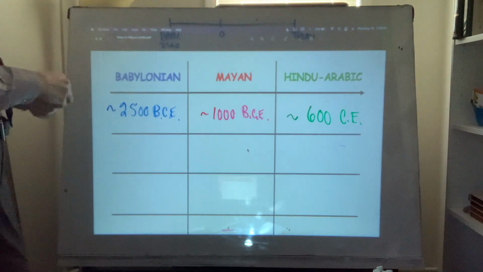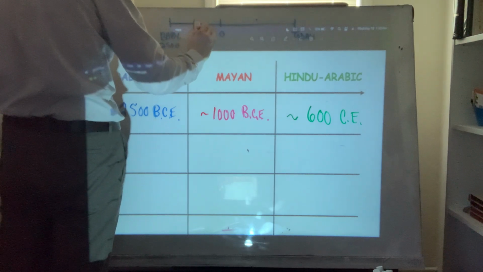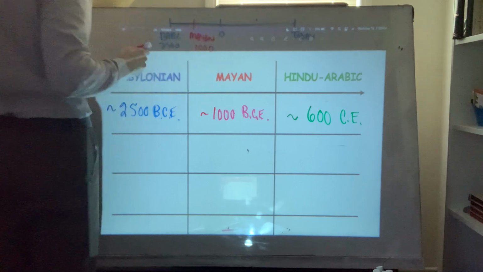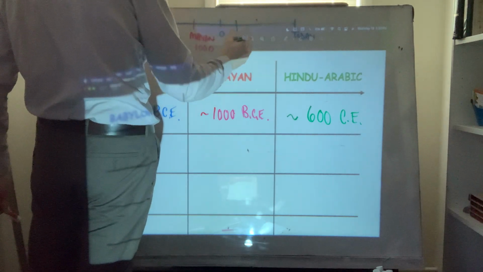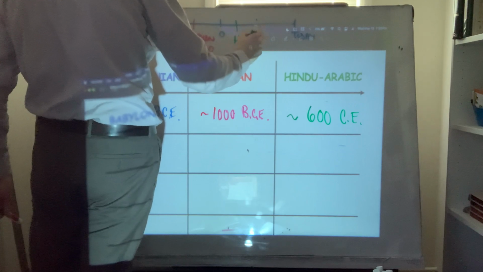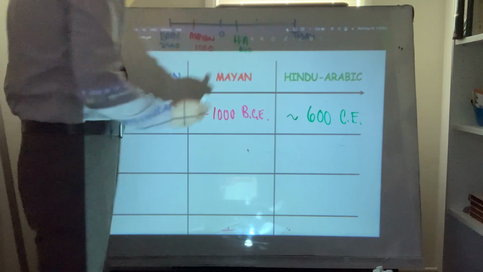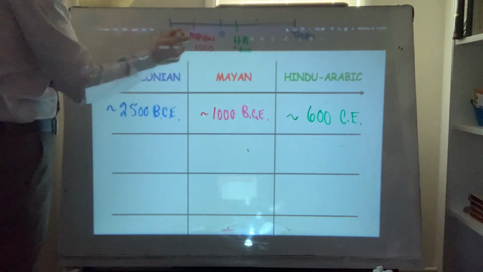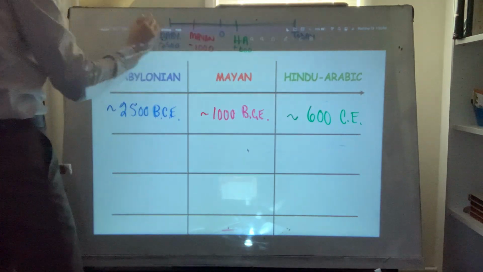So, here's Babylonian, Mayan would be something like right here, before 0, and Hindu-Arabic starts about here, 600. So, plus 600, minus 1000, and minus 2500.